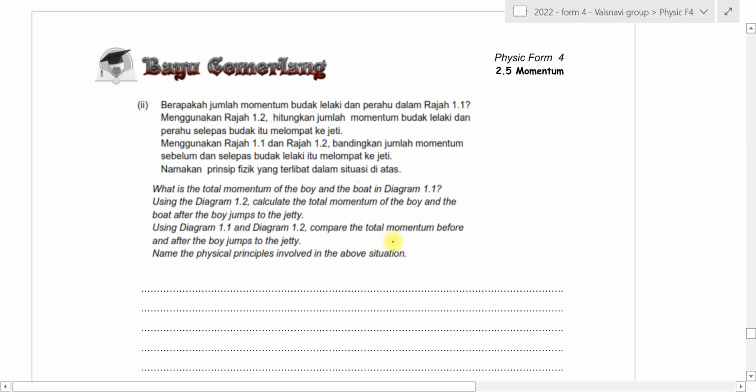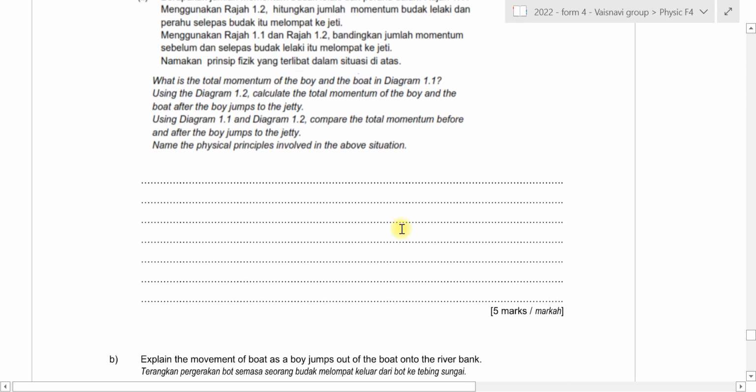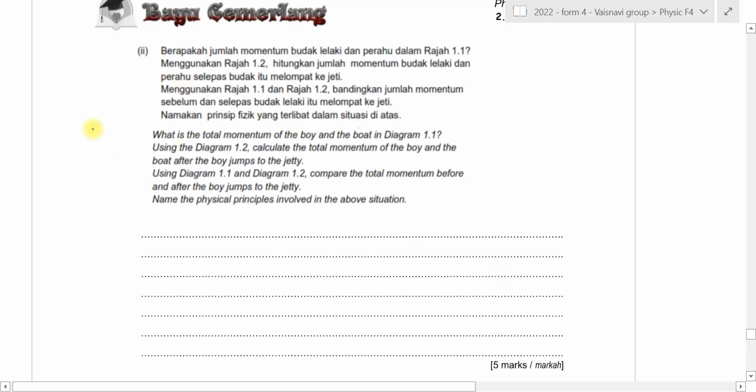Okay, dia ada tanya banyak benda tapi dia bagi 5 markah saja. Jadi kita tengok tally dah 3 markah, 5 markah dia. First thing they ask is the total momentum of the boy, diagram 1.1, and then they ask us to calculate 1.2, then ask us to compare the total momentum before and after, and then number 4 they ask name the physics principle involved in the above situation.